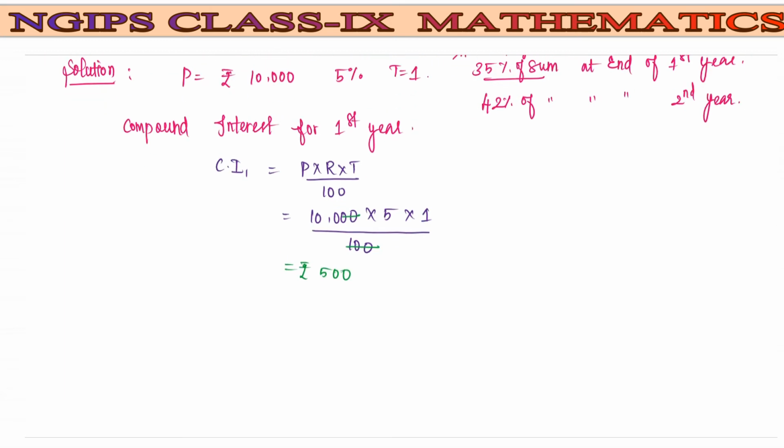Next we need to calculate the amount. Amount is equal to first year principal plus first year compound interest. So principal we have 10,000 plus 500. So you will get amount is equal to 10,500. So this is the amount at the end of the first year, and he is going to repay 35% of the sum at the end of the first year.